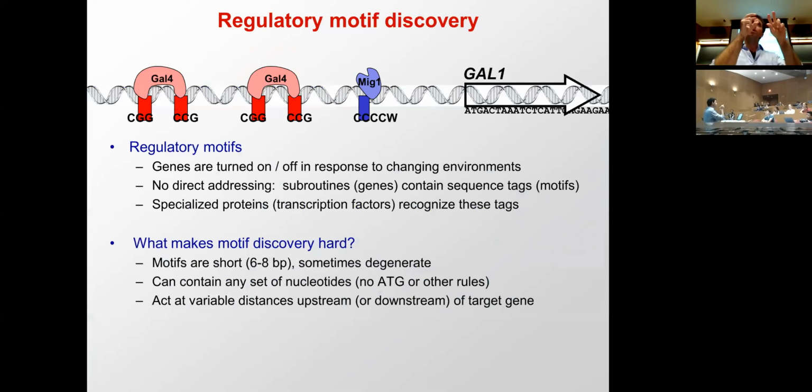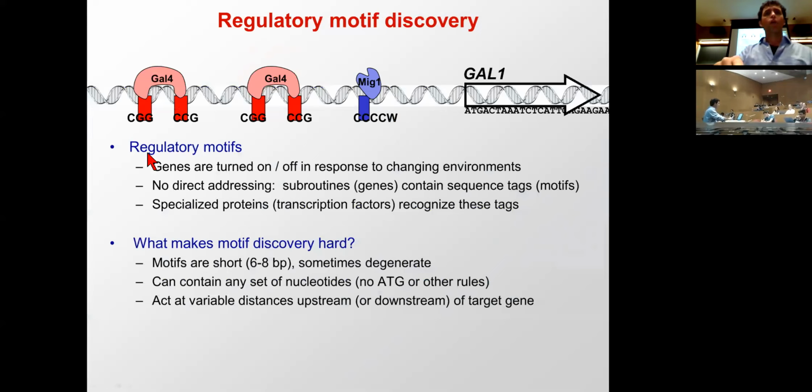Sometimes the specific atoms that the protein binding recognizes can be achieved by a C or a G at that position, an A or a G at that position, and so on and so forth. And that allows these motifs to be degenerate. That leads to these, you know, W, which means weak, which means A or T nucleotide. Thank you so much. Does that make sense?